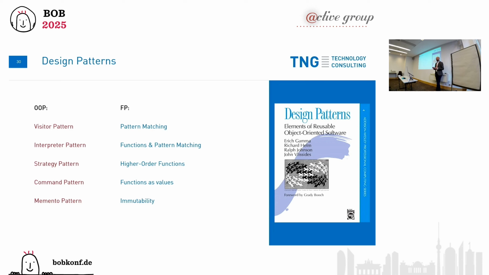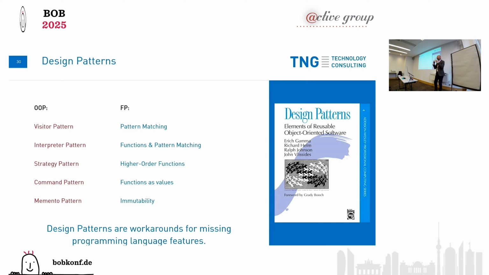In fact, I would argue that a design pattern is always a workaround for a feature that's missing from your programming language or programming paradigm. But if you're putting a lot of effort into emulating functional concepts, why not just use functional programming in the first place?